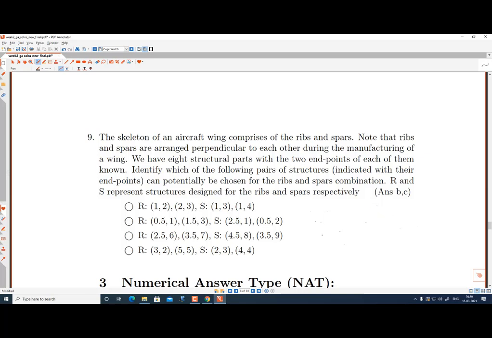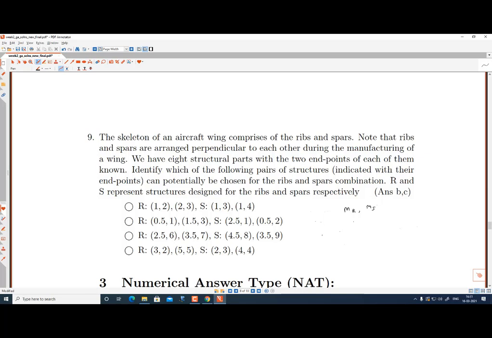So here the question is, from the given options, identify which pair can potentially be chosen for the rib and spar design. We are given endpoints for R and S in each of the options. So we have to calculate the slope of the line containing R and the slope of the line containing S. Suppose we call the slopes MR and MS.